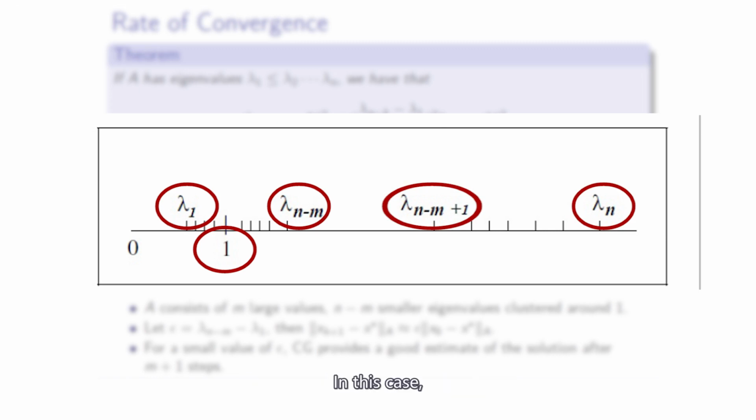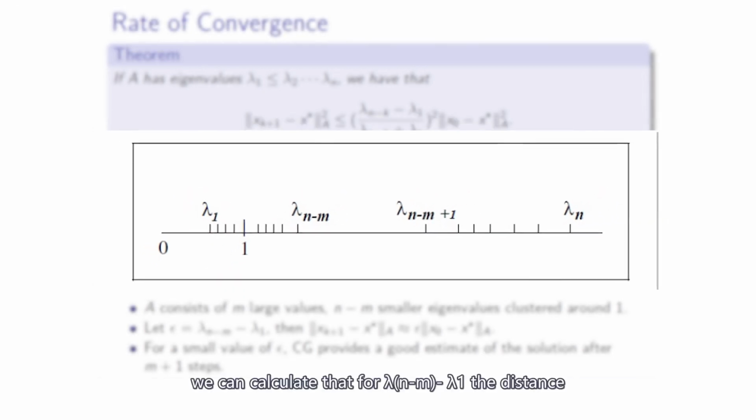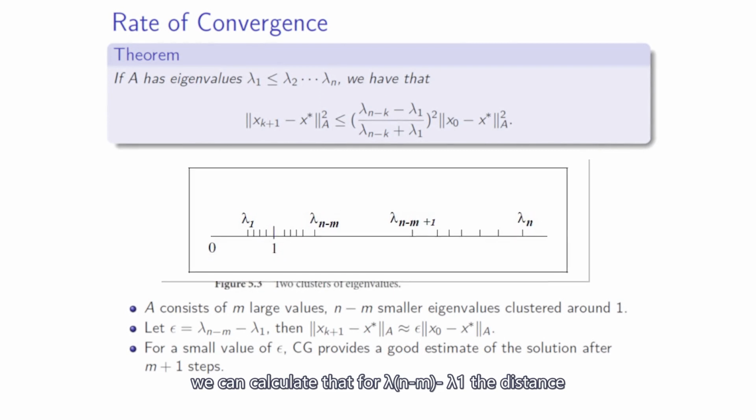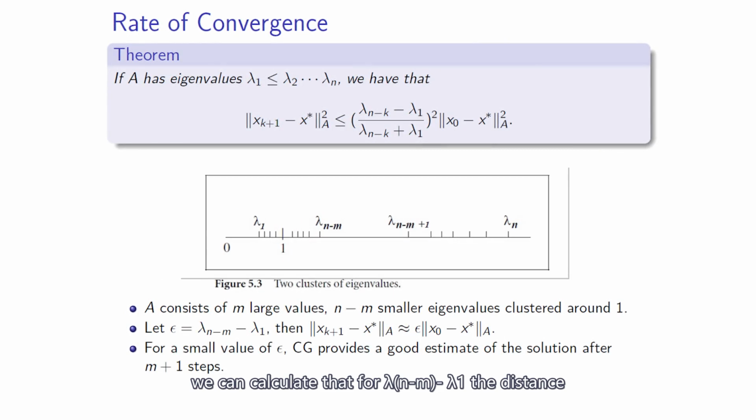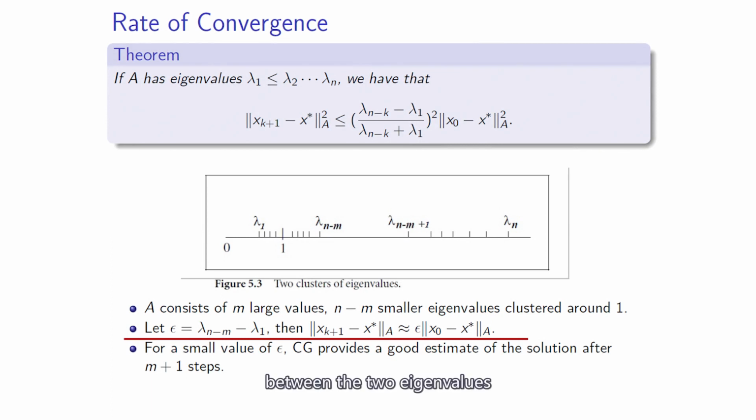In this case, the eigenvalues of A are grouped in two clusters. All right, so in this case, we can calculate that for lambda n minus m minus lambda 1, the distance between the two eigenvalues is very small, which means that the coefficient here on the right hand side is much smaller.